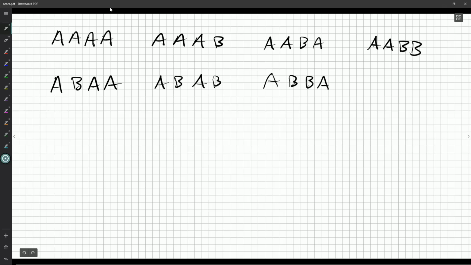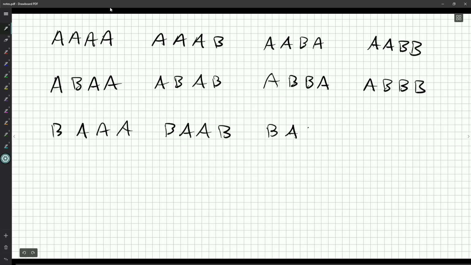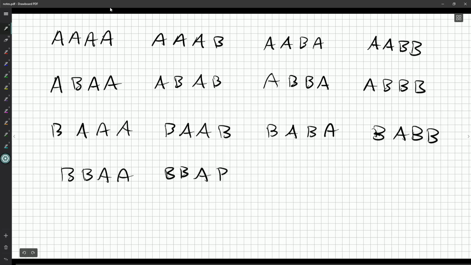There's going to be one string that we don't include. Now I've got to do the ones that start with B. BAAA, BAAB, BABA, BABB, BBAA, BBAB, BBBA, and BBBB.